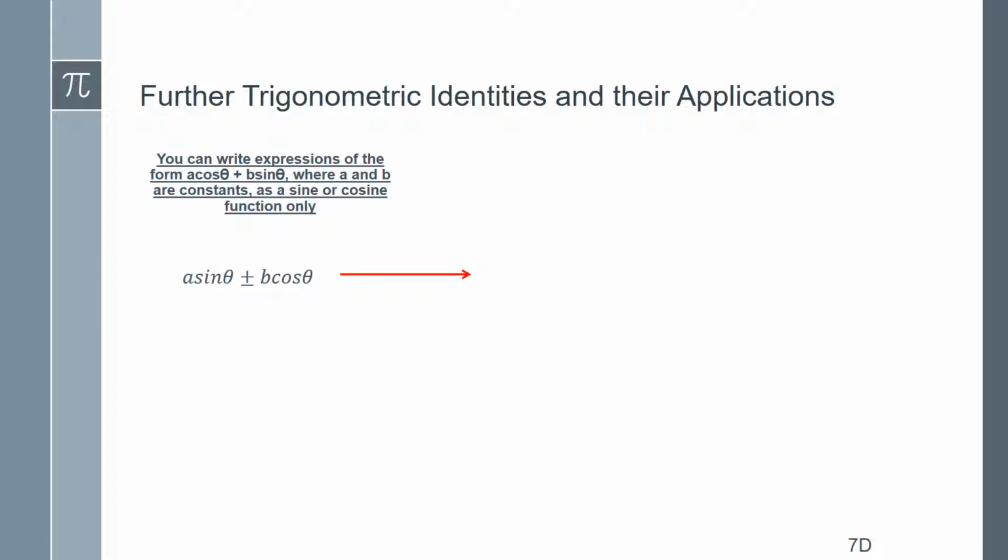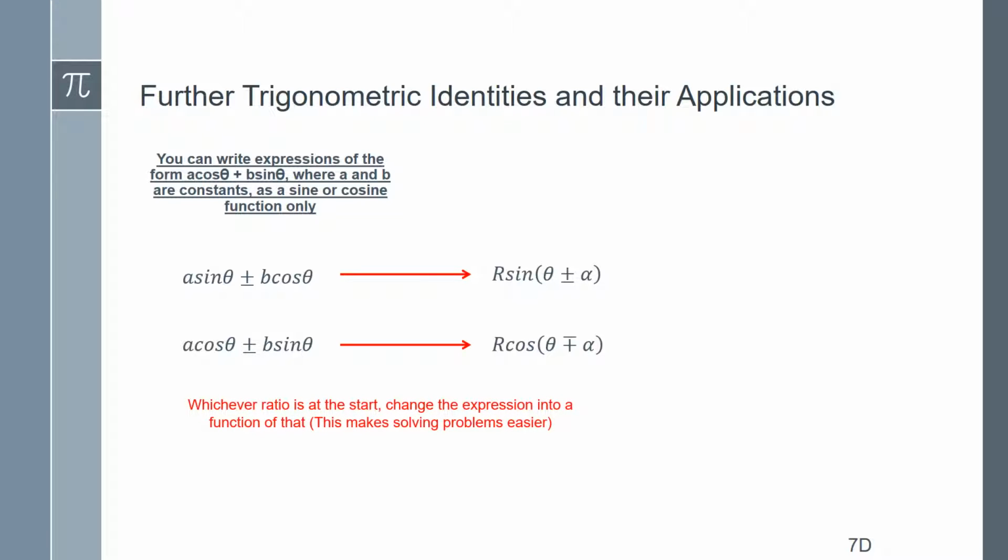So a sine theta plus or minus b cos theta becomes r sine (theta plus or minus alpha). A cos theta plus b sine theta becomes r cos (theta minus or plus alpha). Whichever ratio is at the start, change the expression into a function of that, because that is what makes solving problems easier.